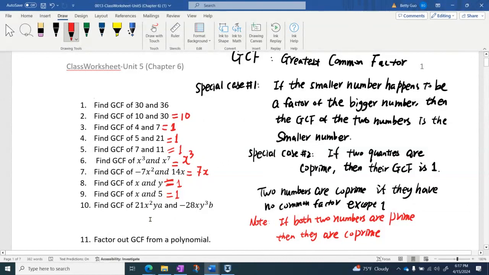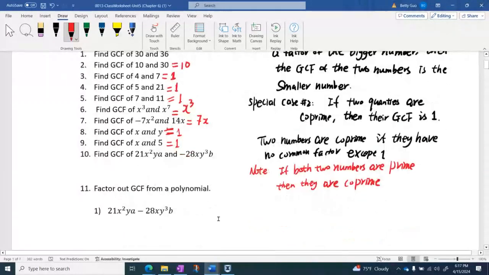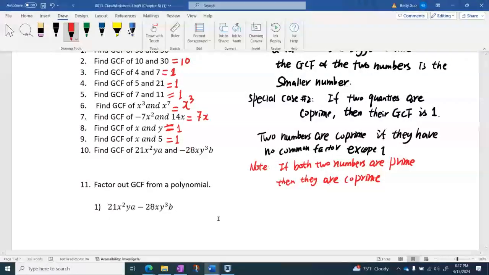We have numbers, we have variables, and not just one variable, we have four variables: x, y, a, b. Anyone can give it a try? How do we find the GCF of 21x squared ya and negative 28xy cubed b? It looks very busy, but go by parts. Do the coefficient first, and then variable x, and then variable y, and then a and b.